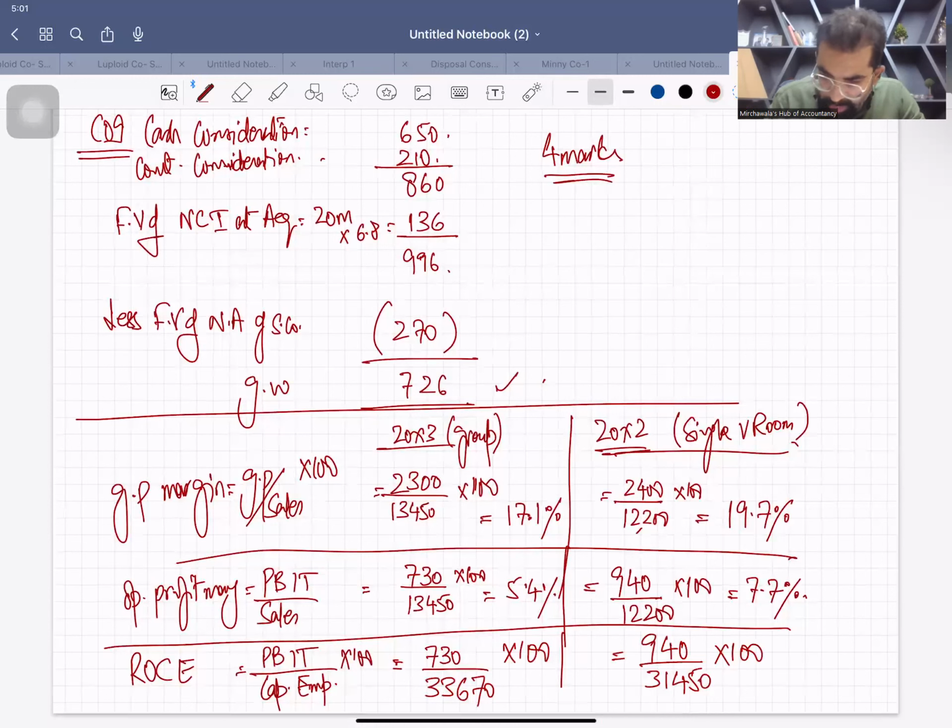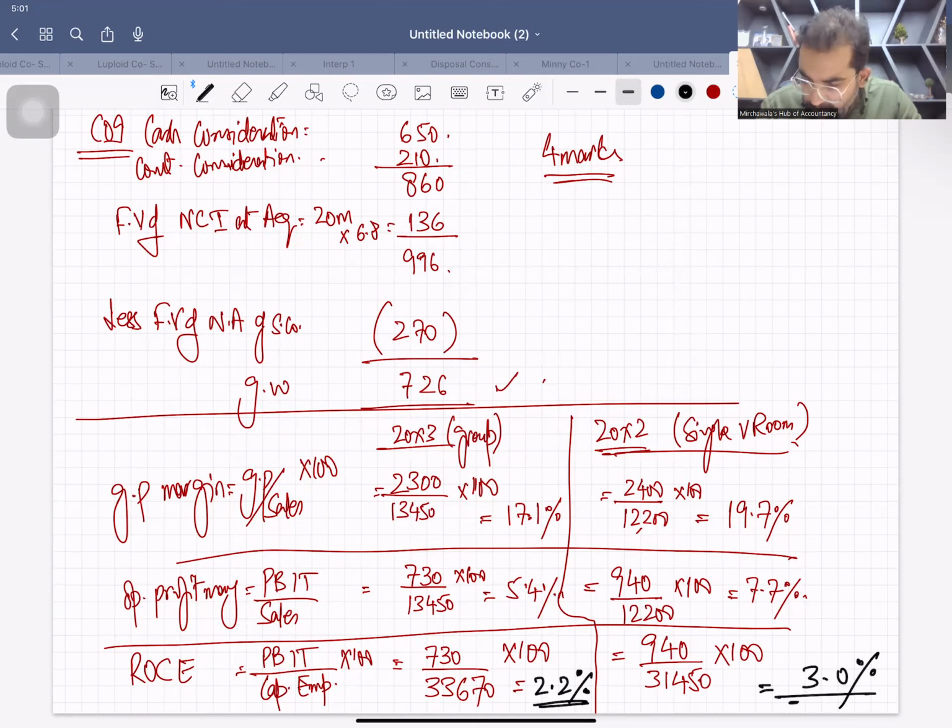So here the ROCE is 2.2%, and here the ROCE is 3.0%. So again, the return on capital employed is also going down. Okay, so this is requirement number B.